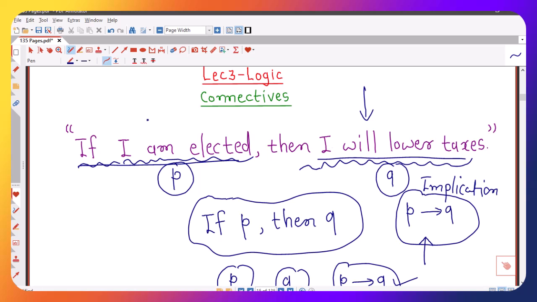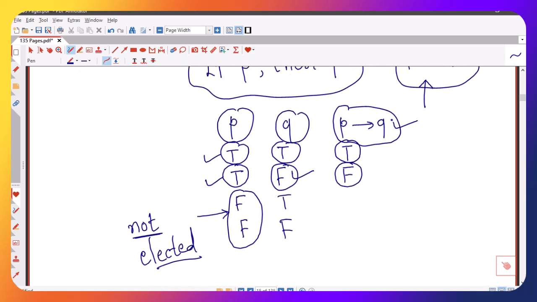This statement is for the condition that if I am elected, then I will lower taxes. But if I am not elected, then whether taxes are lowered or not is not the concern, because P is not true. In that case, we cannot say that this promise is broken by me. So whenever P is false, we cannot say that the promise is broken. Therefore, in that case, we will assign truth value T to this conditional statement.